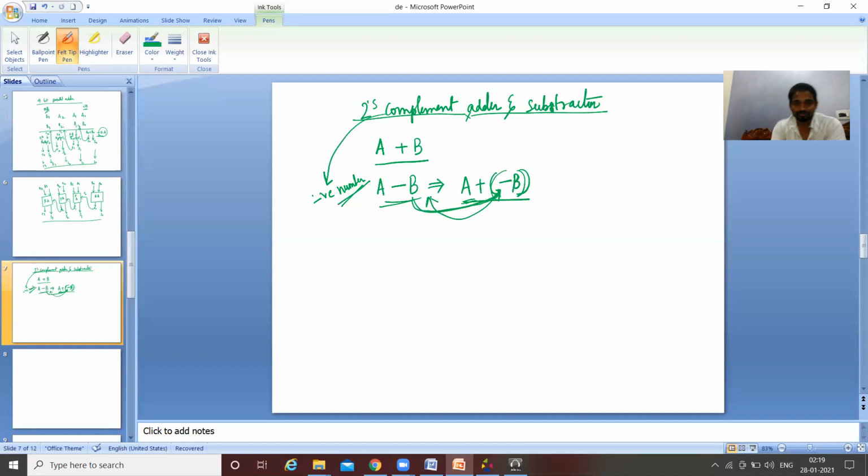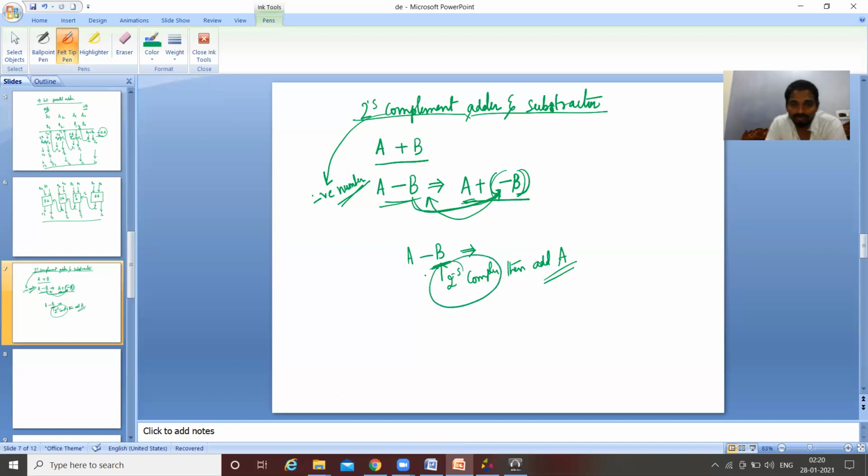Okay, so now observe here, A minus B in any case. In this case, first convert this number into 2's complement, then add to A. So subtraction is converted into addition just by representing this B in the 2's complement method.